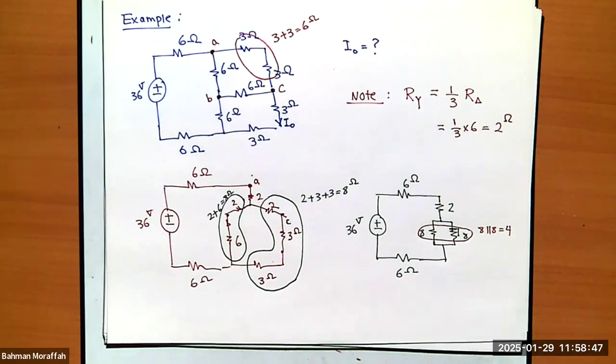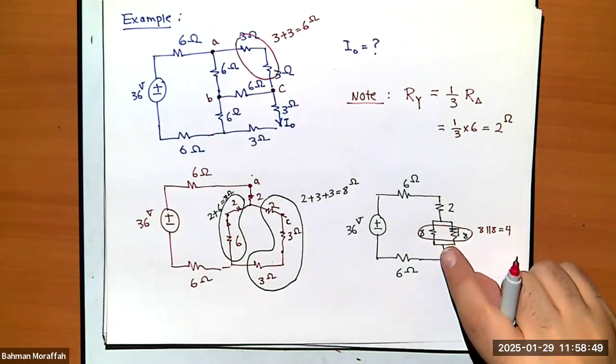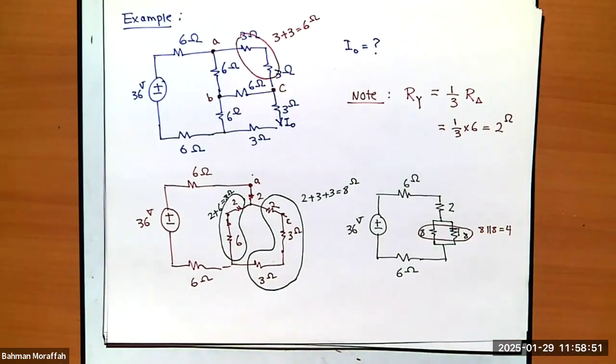What I'm claiming is that I know voltage across each of these 8s. How? Is this circuit familiar to us at all? What is this circuit? That's a voltage divider that has one voltage source followed by 1, 2, 3, 4 resistors back to back.